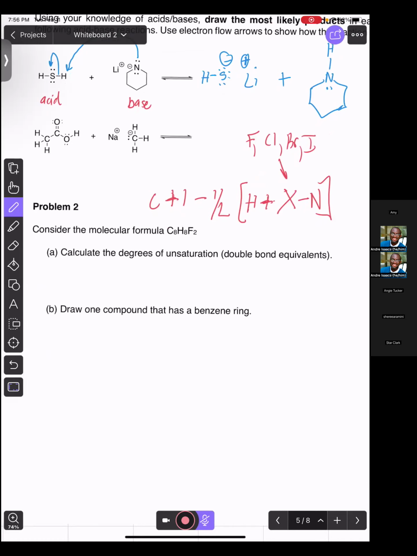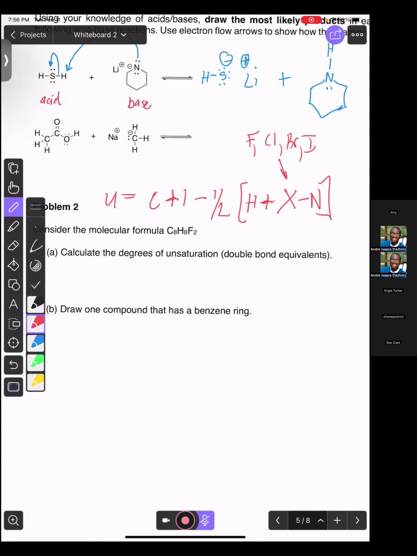That's what we mean by X. If you have any of those atoms, you add the number of them, and if you have any nitrogen, you subtract it out. So let's calculate our degrees of unsaturation, or U.